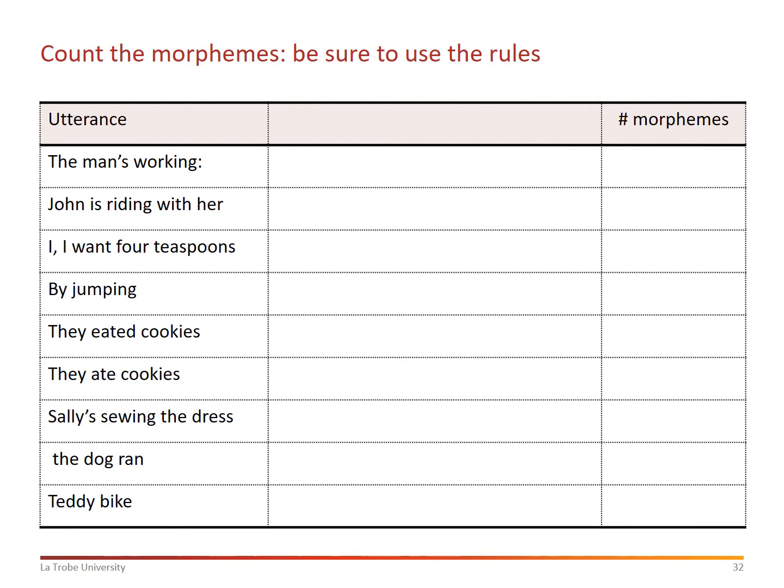Here are some utterances with some more complex examples. You might need to refer back to what you need to count morphemes, whether they're 1 or 2. So I'm going to just pause for a couple of minutes while you do this and then have some answers on the next slide.